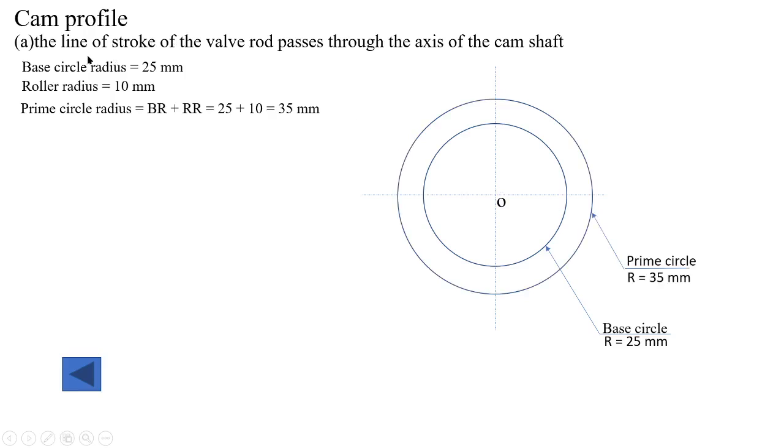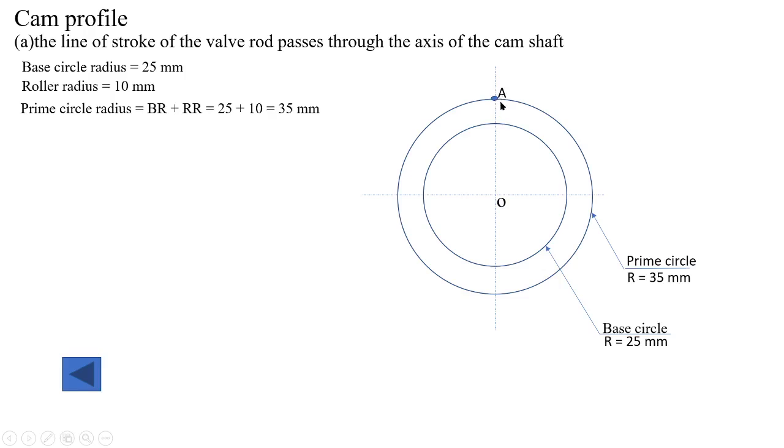So here the line of stroke of the valve rod, that is the follower, passes through the axis of the camshaft. Now mark the point A, the initial position of the roller, where this vertical axis intersects the prime circle.